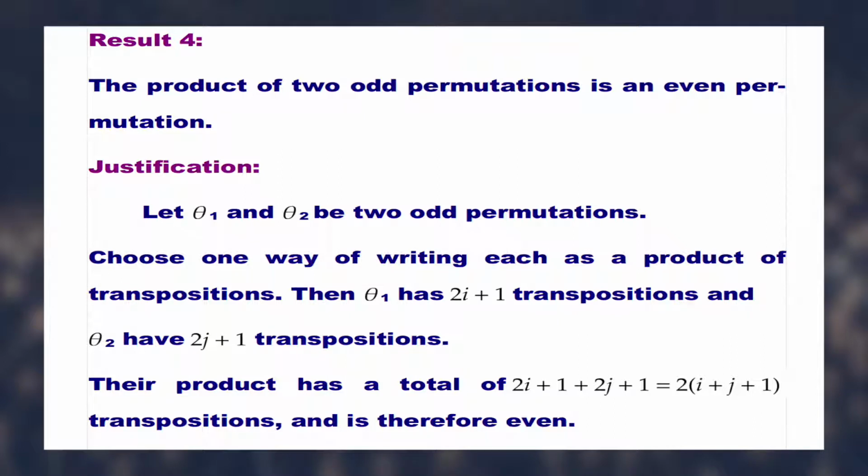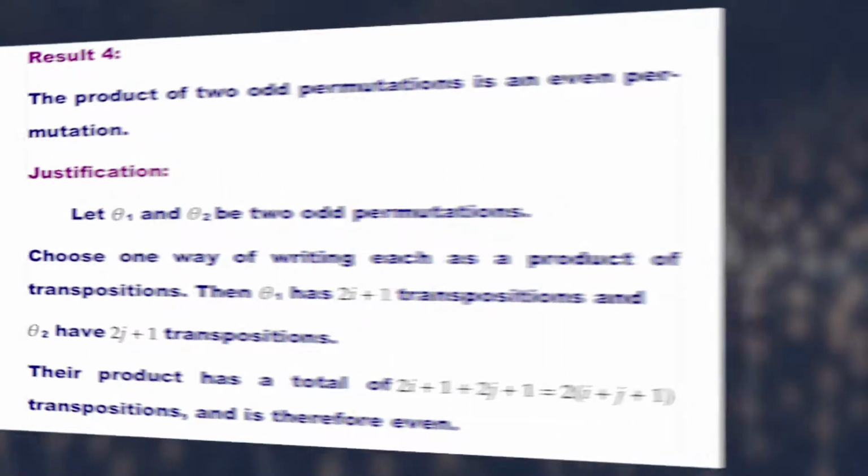Then theta 1 has 2i plus 1 transpositions and theta 2 has 2j plus 1 transpositions. Their product has a total of 2i plus 1 plus 2j plus 1. Here 1 plus 1 is equal to 2. So the common factor 2 will be taken outside. So, 2 times (i plus j plus 1) transpositions, and is therefore even.